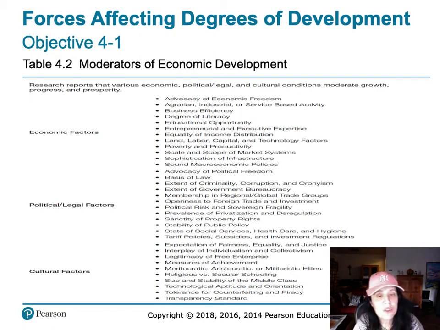It's important to distinguish the economic factor from the cultural factor. For instance, business efficiency, degree of literacy, educational opportunity, entrepreneurial and executive expertise, equality of income, right? Poverty, productivity fall under economic factors.